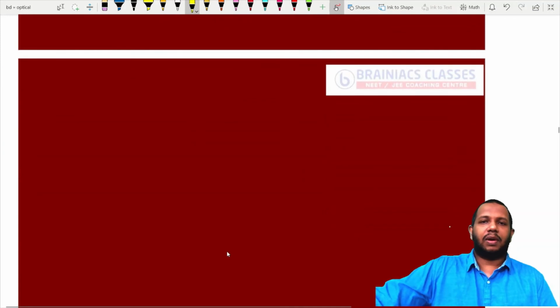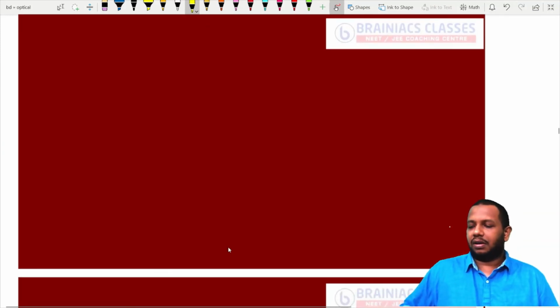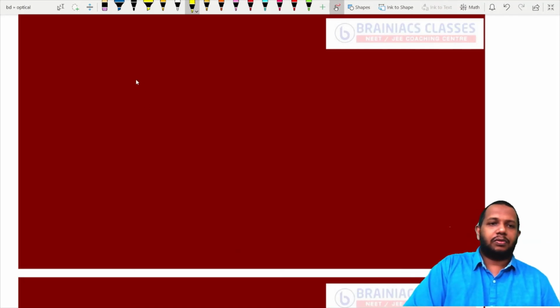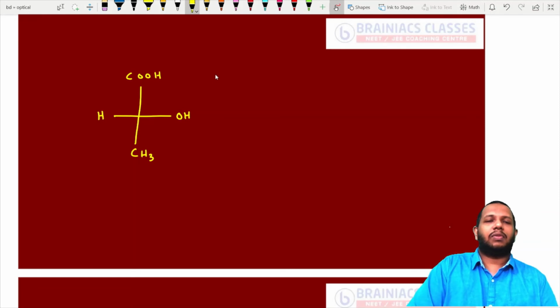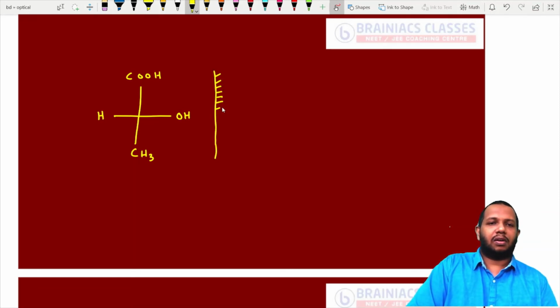I can give you another example as well. Let's see this one. This will give you a clearer idea. Suppose you have a compound represented with Fischer projection notation. You have CH3 present here, and you have hydrogen present here and OH present here. Now how will the enantiomer look? I can draw the mirror image of this one. On seeing the mirror image, OH will come here, correct?